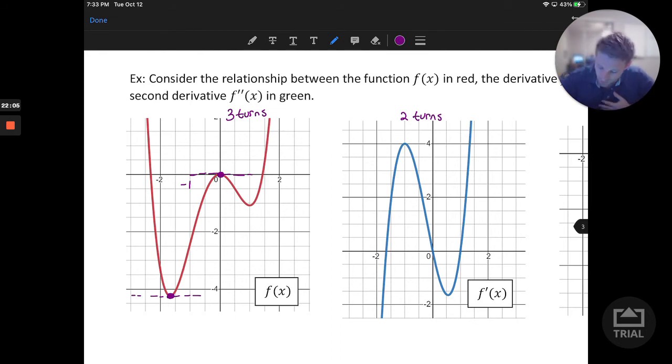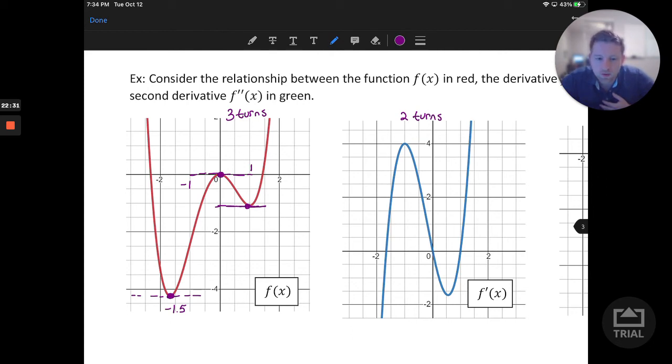Another one is at 0, and then we'll have a final one, really close to 1 on this graph. So x equals 1, x equals 0, and then approximately -1.5. Around there, a little less though.